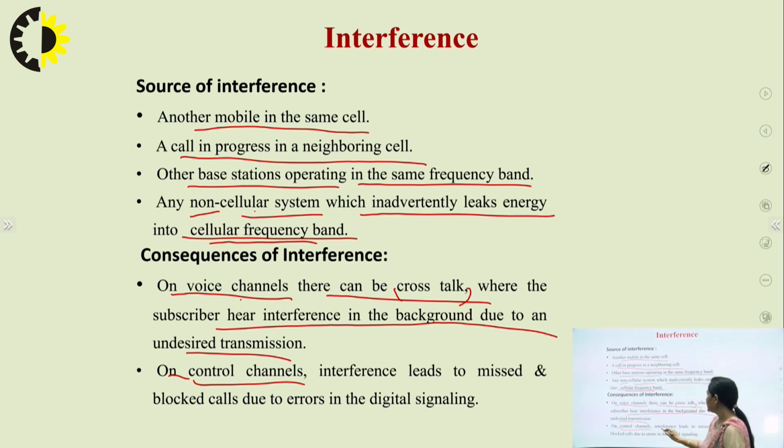On the control channel, interference leads to missed and blocked calls due to errors in the digital signaling. As the control channel controls all the communication in the case of a cellular system, if there is some interference in the control channel, it can lead to missed and blocked calls due to errors in digital signaling.